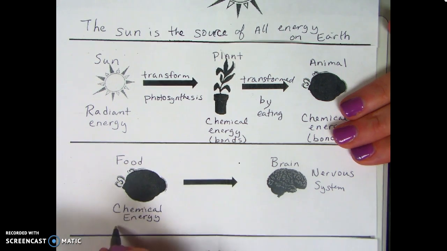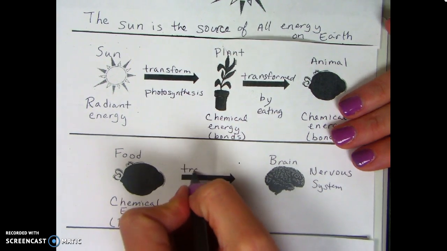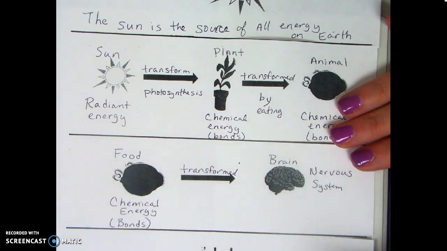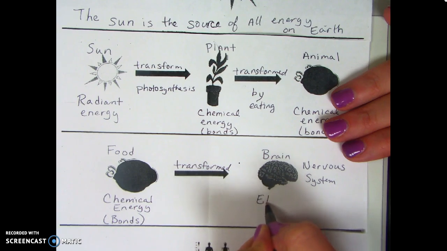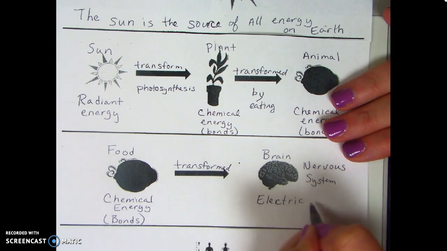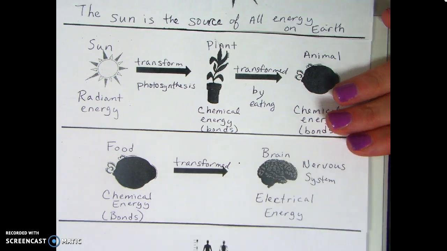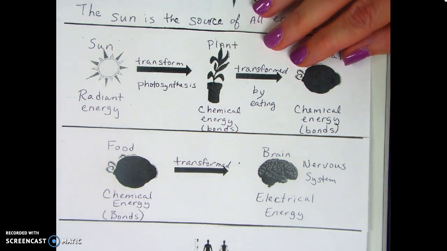That's energy in chemical bonds, and it's going to be transformed into, what does your brain work on? Your brain works on electrical energy. So again, this is the energy forms of life. Energy is transformed over and over again in life.